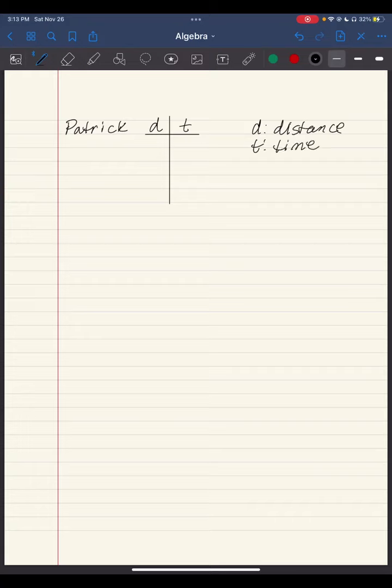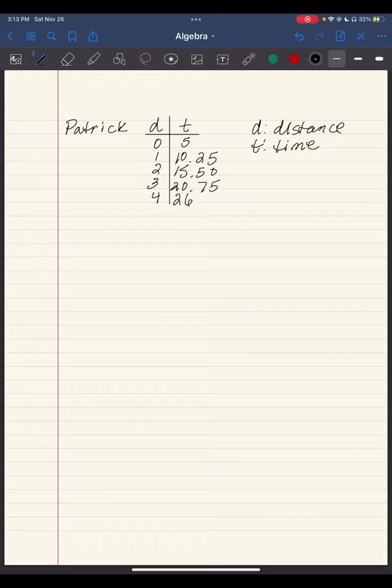But Patrick's numbers look a little bit different. 0, 1, 2, 3, and 4. But then we get 5, 10.25, 15.50, 20.75, and 26. So what's going on here?